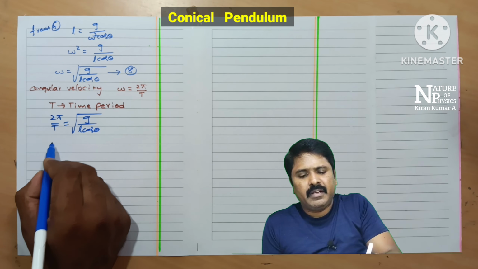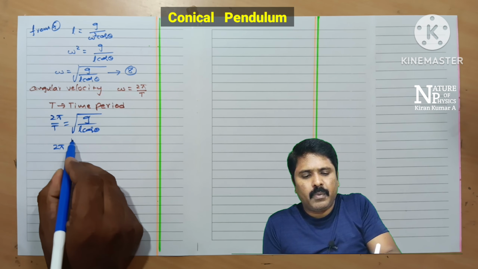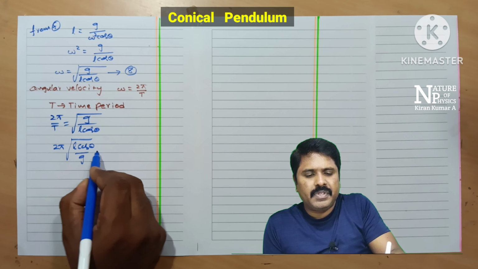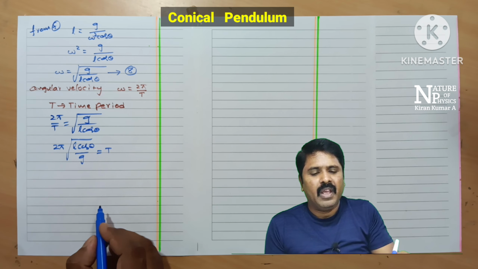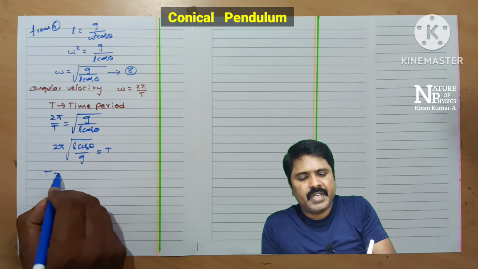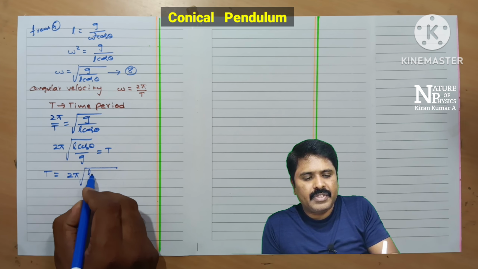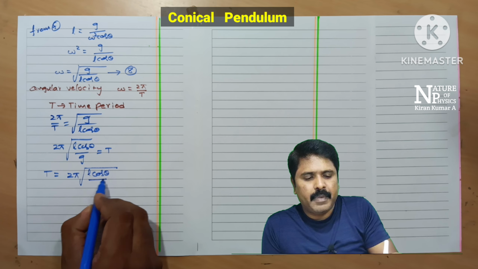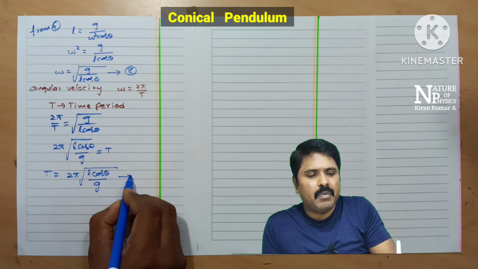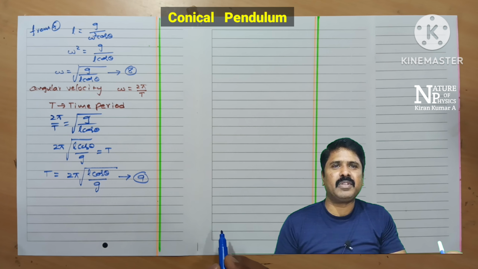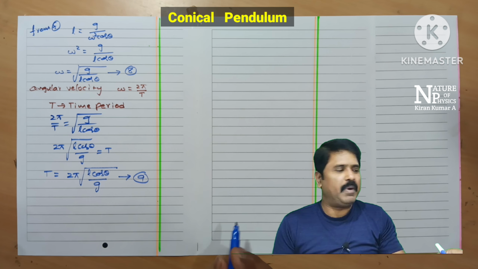By cross multiplication, 2 pi root over L cos theta divided by g is equal to T. So now I can write T is equal to 2 pi root over L cos theta divided by g, which is equation number 9, student. See, this is the clear information about the time period of the conical pendulum.